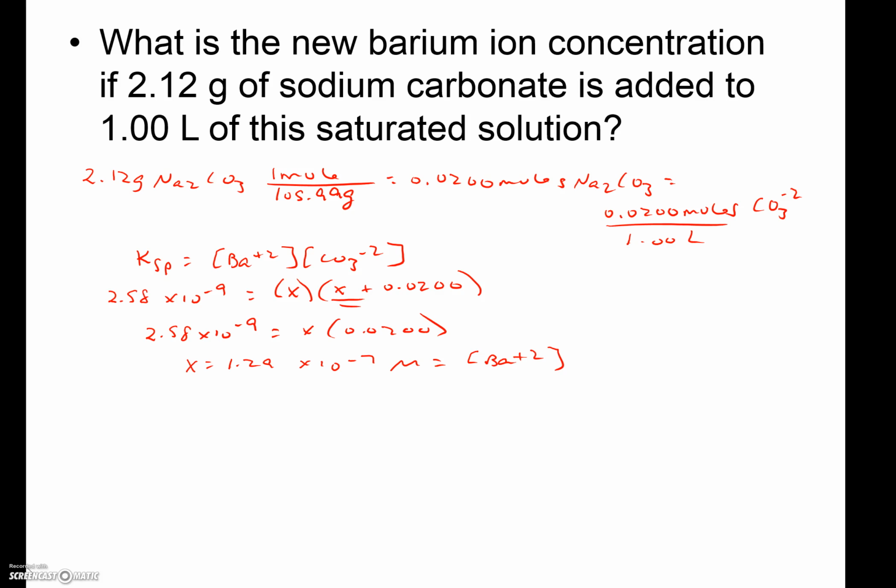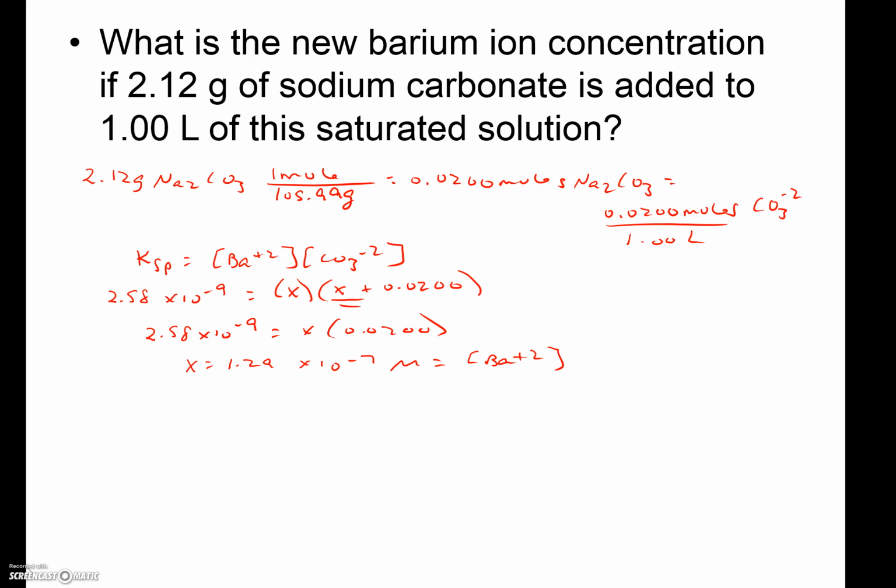We know that KSP equals the concentration of barium ions times the concentration of carbonate ions. We know KSP is 2.58 times 10 to the minus 9. That number doesn't change because it's a constant. We haven't added any barium ions to the original solution, so that will remain X. But we're adding 0.0200 moles per liter of carbonate ion.